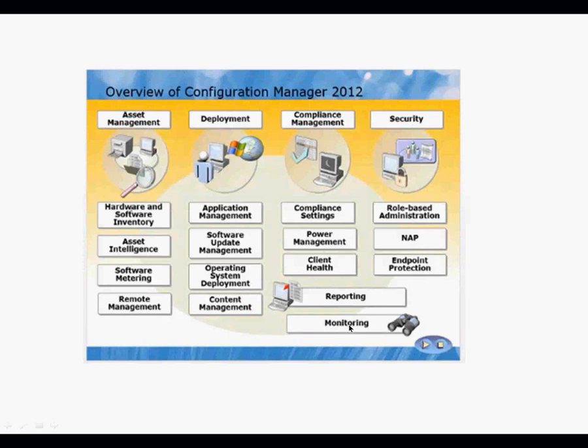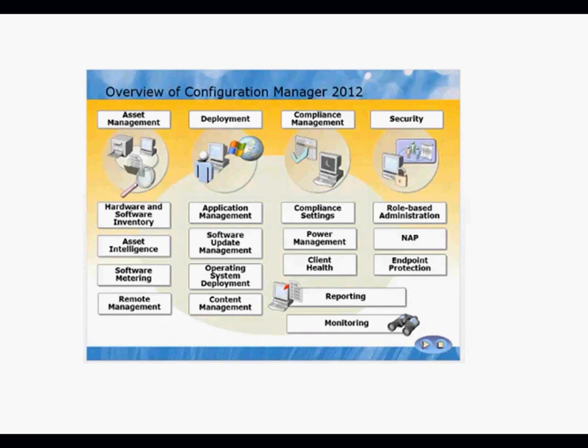Monitoring: you can monitor all the components of SCCM, whether everything is working okay, or if anything is not working properly. Then security. Under security, you have role-based administration. So as I said, suppose you have two teams. One is working on packaging, and the other team is working on patching, software update.